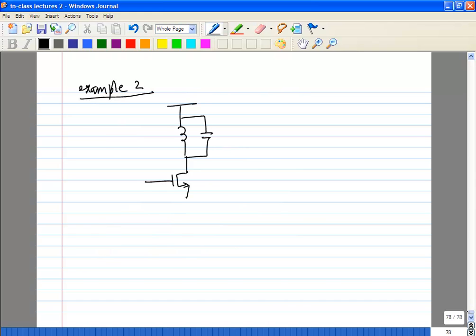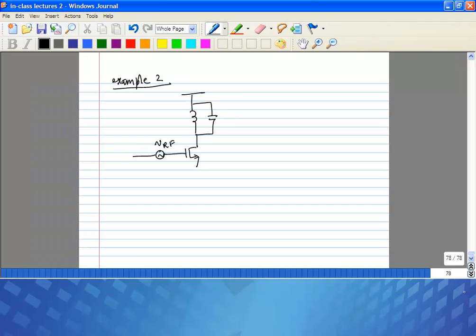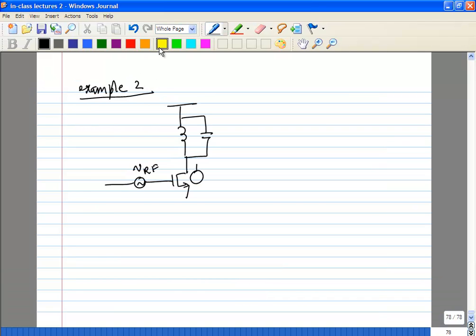So we are going to do it slightly differently. Let's say we give the RF at the gate. This is the LO. Actually, let's do it slightly differently.